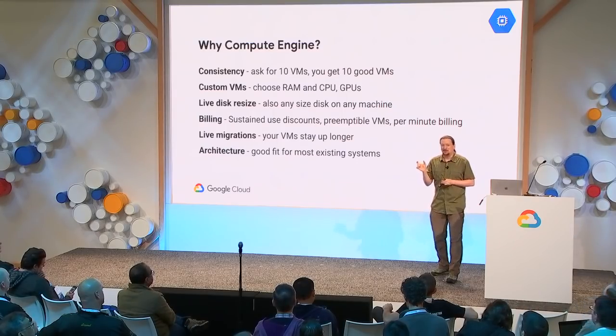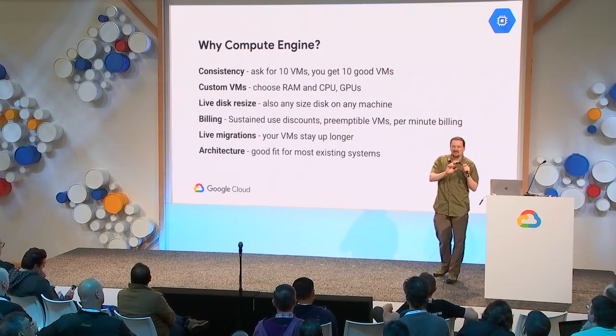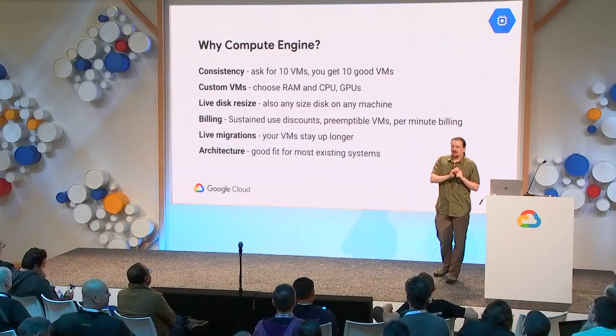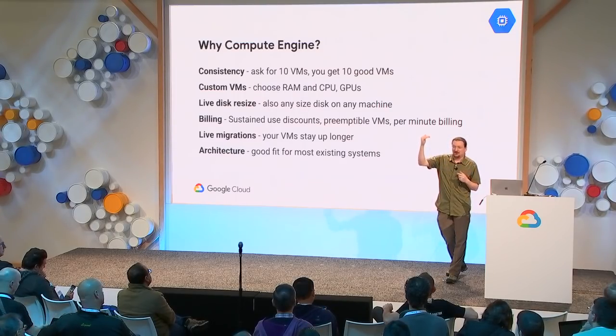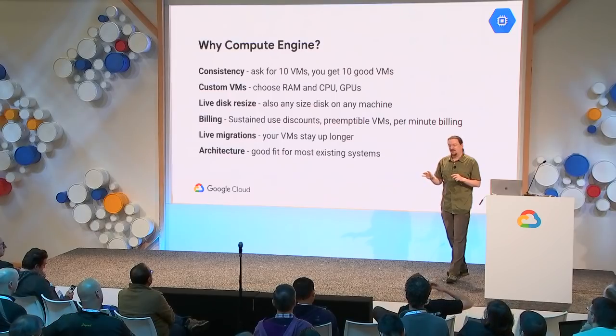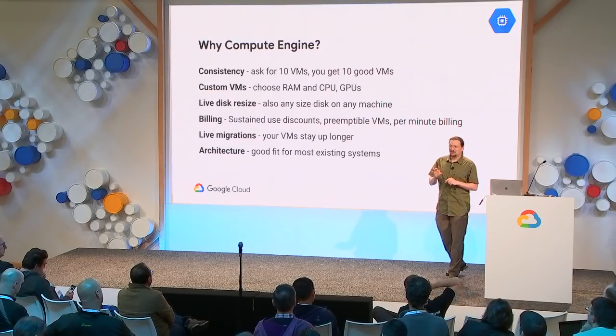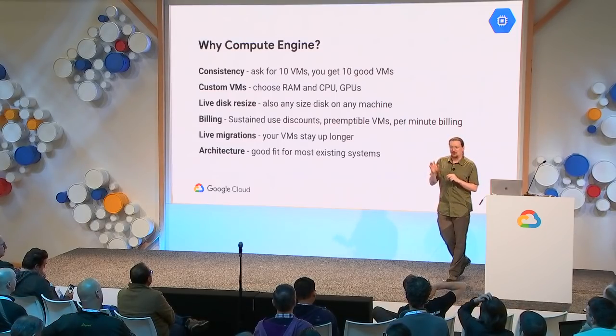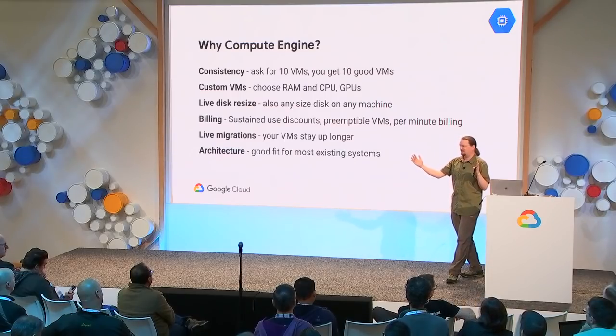And we have this thing called preemptible machines that are our attempt to get you to think really flexibly, because they're up to an 80% discount off the price of a regular VM. They're the same VMs, but they could be stopped within 30 to 60 seconds at any time, and they will not live more than 24 hours.